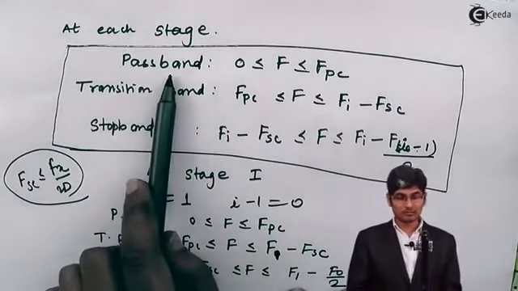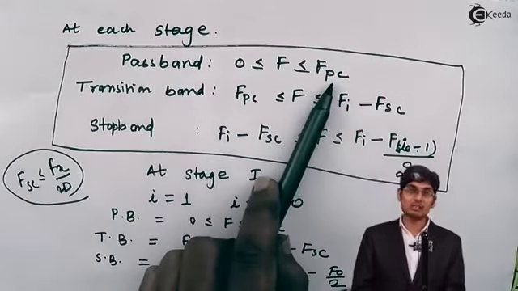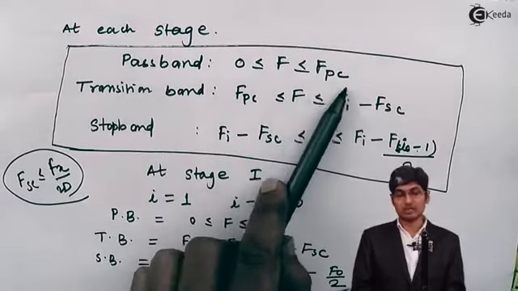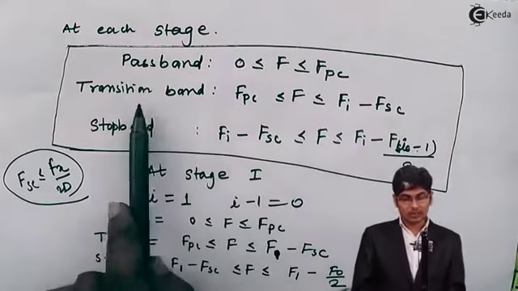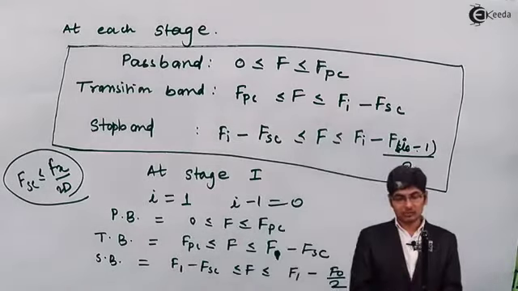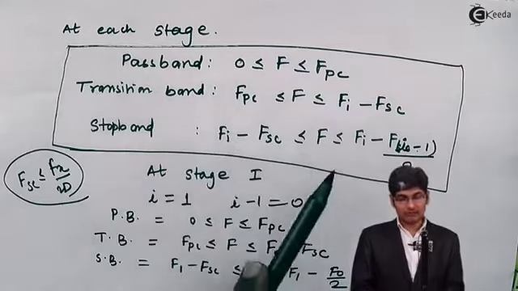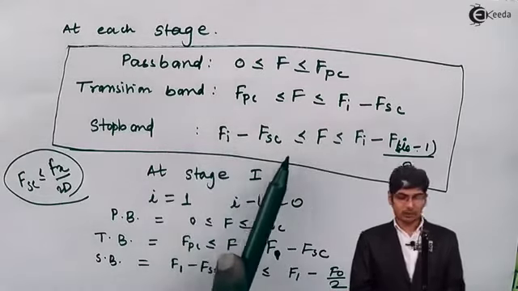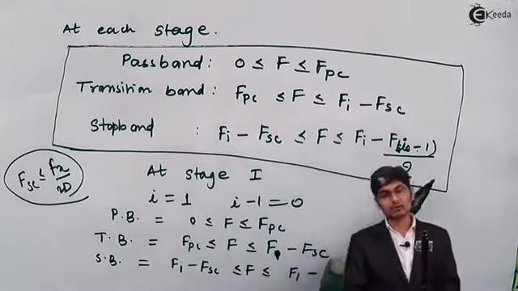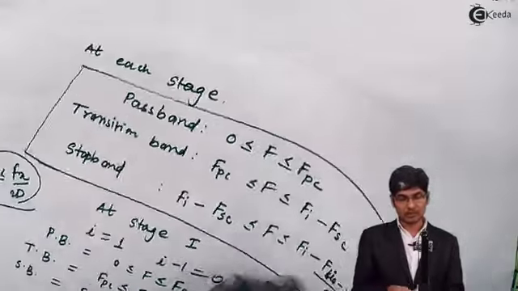The passband on each stage is 0 to Fpc, where Fpc is the passband edge frequency. The transition band goes from the passband edge frequency to Fi minus the stopband edge frequency. And then the stopband will go from Fi minus Fsc to F(i-1) by 2. That is the stopband frequency.